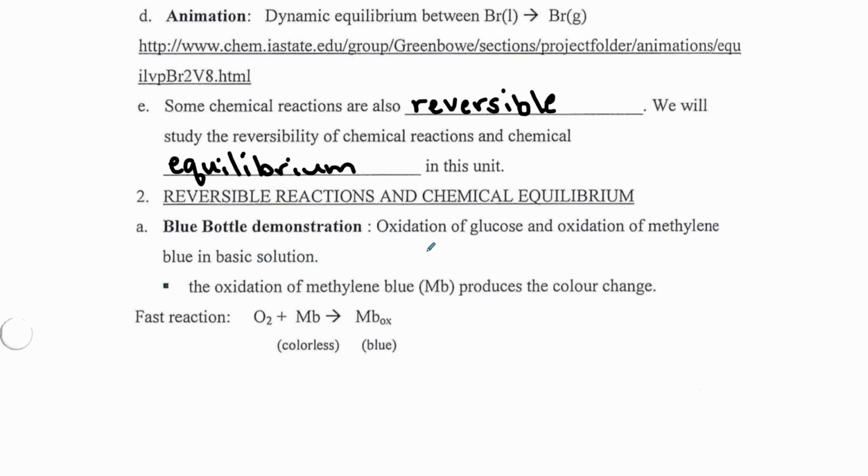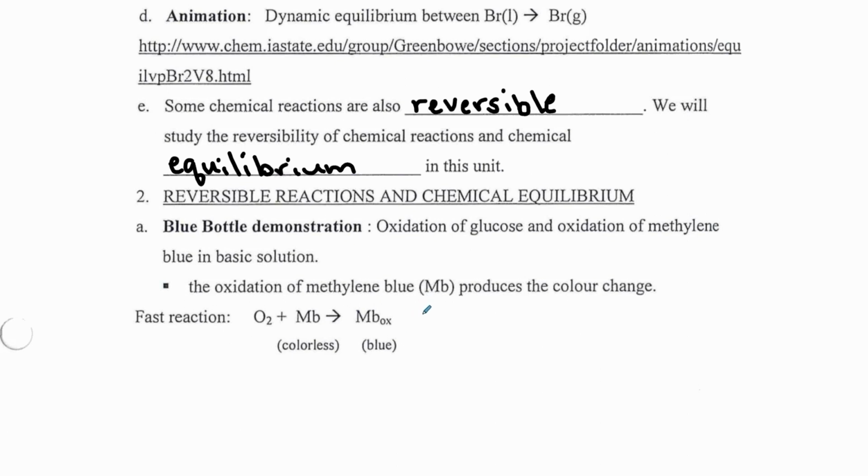So what we see happen in the video, and do watch it because it's an interesting little experiment to watch, is when the solution is not oxidized, so there's no oxygen present in the solution, we call that the reduced state. The solution is colorless. But when oxygen enters the system, so the oxygen is present in the air above the solution, you'll see the person in the video shake the bottle.